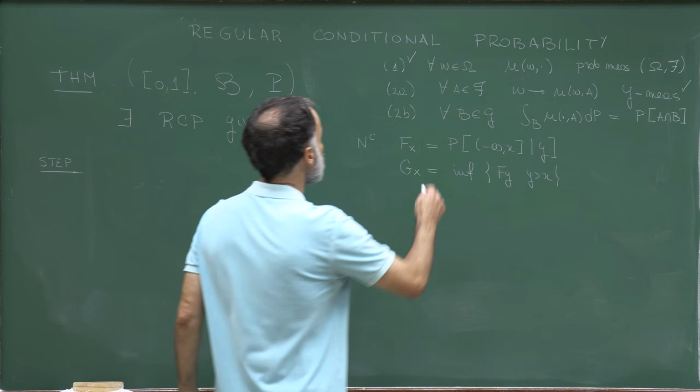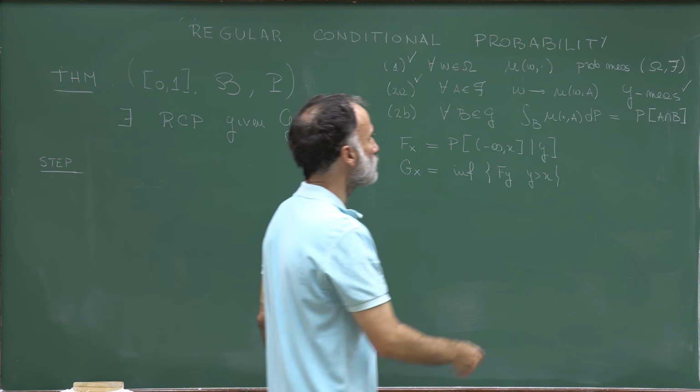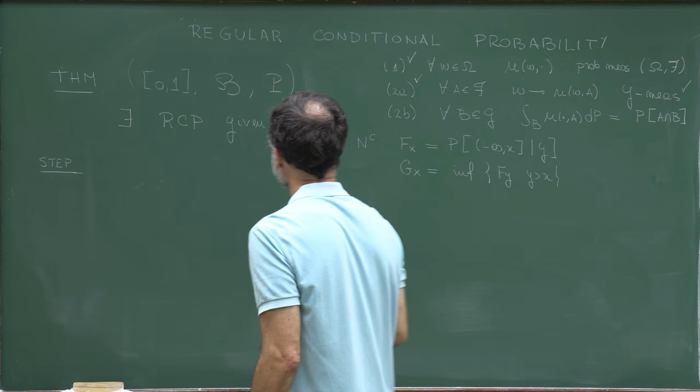So in the last step, we proved the measurability, and now it remains to prove this identity.